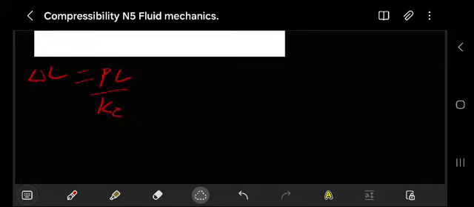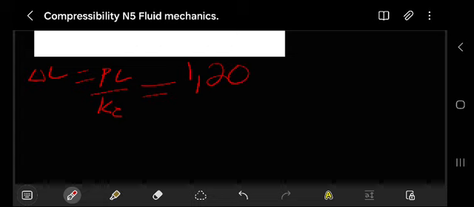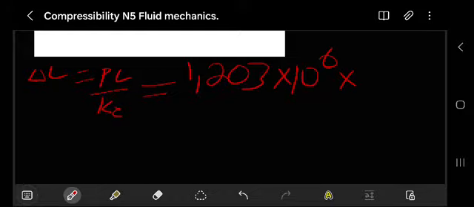So this will be equal to the pressure. We've calculated it. Remember, we got 1.23 times 10 to the power of 6, multiplied by the length.